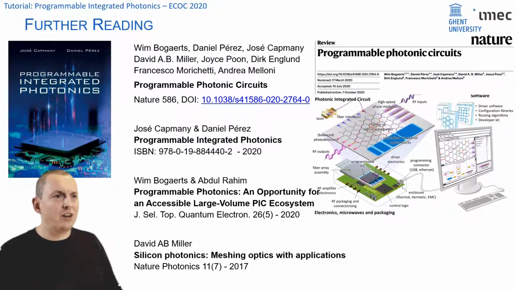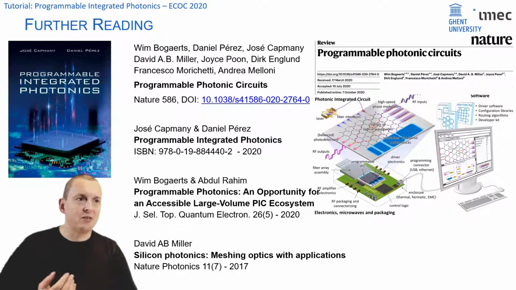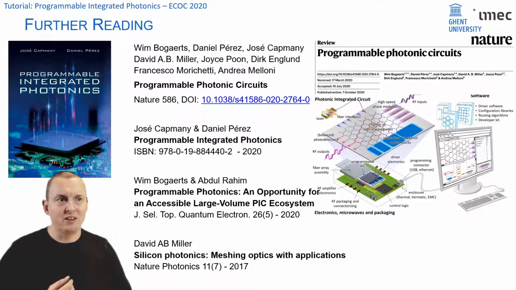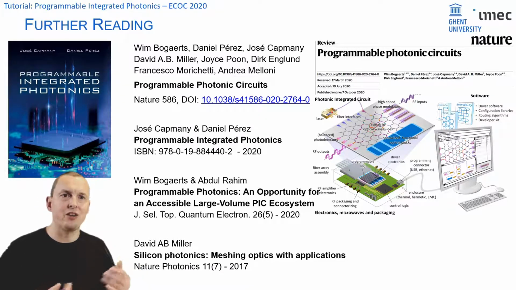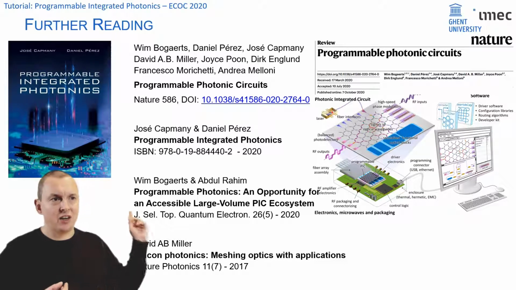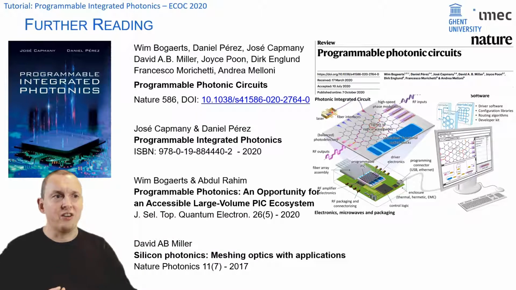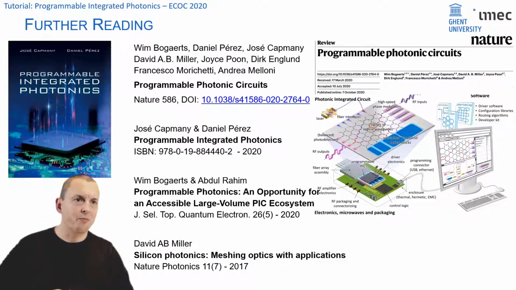There's also a recent large review paper as well by José Capmany and Daniel Perez. Finally, if you're interested in the cost model that we've used here to calculate whether programmable photonics has benefits, I would recommend this paper in the JSTQE journal from last year.